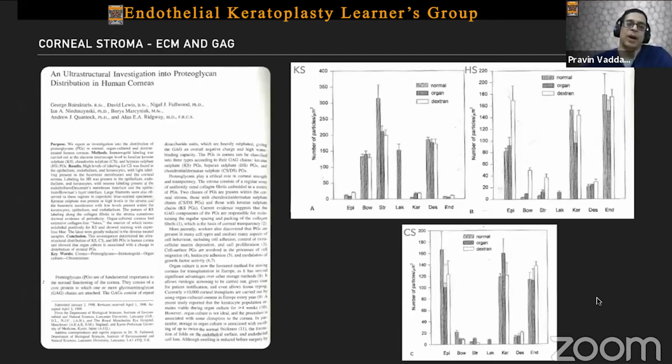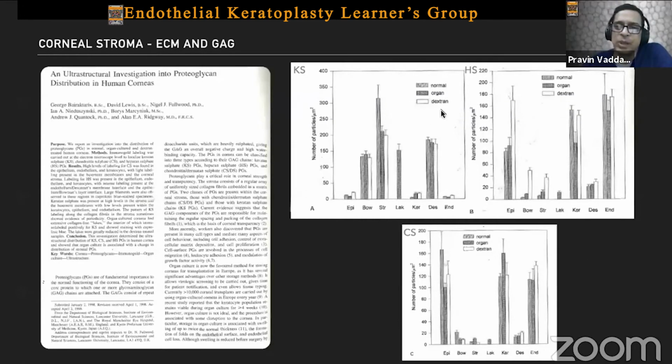The other interesting part of the cornea is the extracellular matrix and the glycosaminoglycans. Now, you also would know that the chief glycosaminoglycan in the cornea actually is keratan sulfate and is present majorly in the corneal stroma, whereas the other glycosaminoglycans are distributed in the extracellular matrix of the posterior part of the cornea, as well as other cellular components of the cornea, like the keratocytes and also the endothelium.